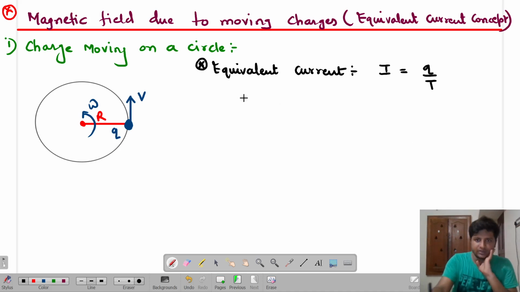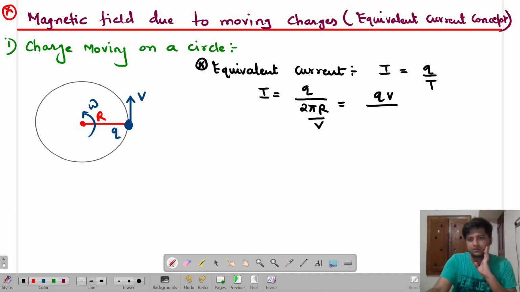If radius is given, so I is equal to q by time, and what is time? 2 pi r by v. So I = qv by 2 pi r. But what is v by r? v is equal to r omega, or not? So this implies I = q omega by 2 pi.